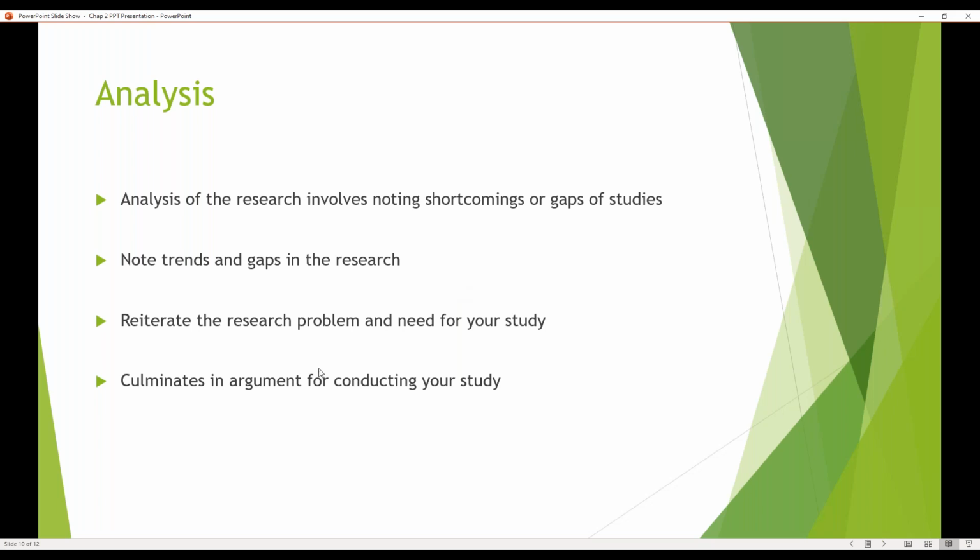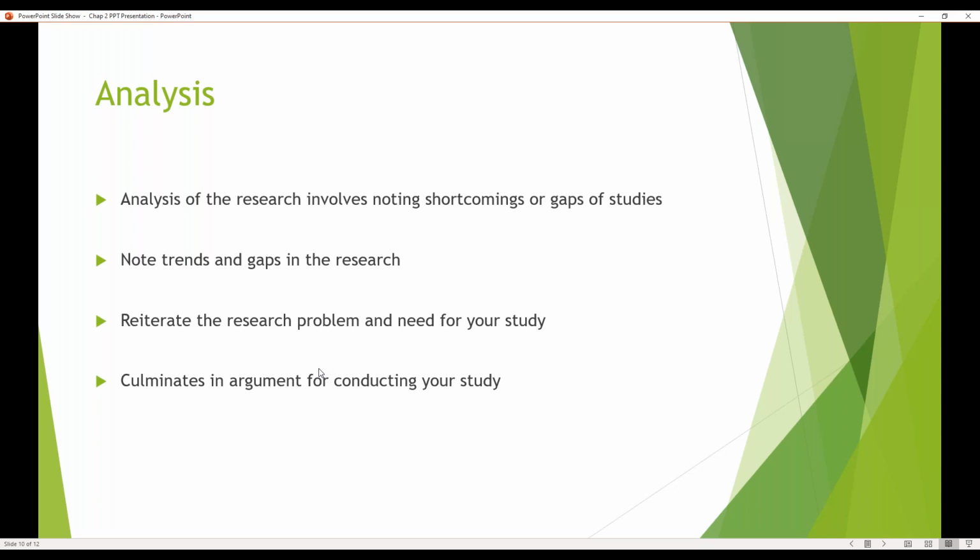Note trends and gaps in the research. In other words, what seems to be the focus of researchers, and that also shows you what they're not focusing on, which may help to make an argument for your study, right? If people are ignoring what you've been doing, that helps to make a case for why you should do it.